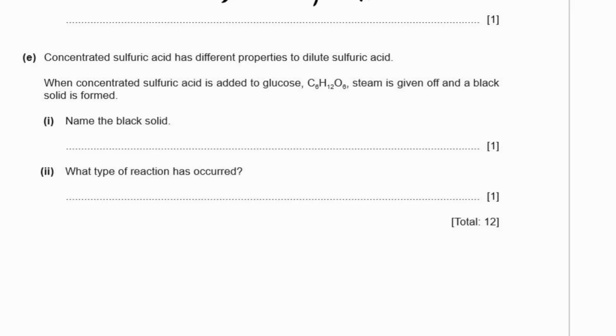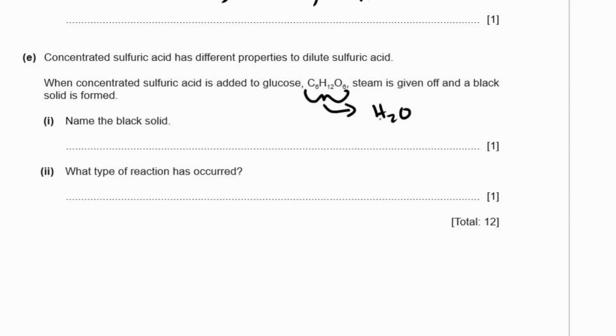E, concentrated sulfuric acid has different properties to dilute sulfuric acid. When concentrated sulfuric acid is added to glucose, C6H12O6, steam is given off and a black solid is formed. Name the black solid. So, if you look at this, C6H12O6, steam is given off, so that's H2O.